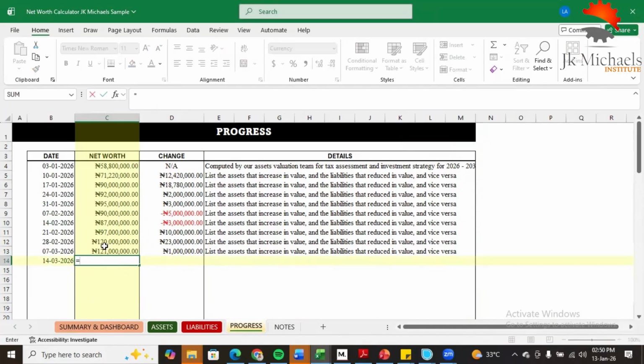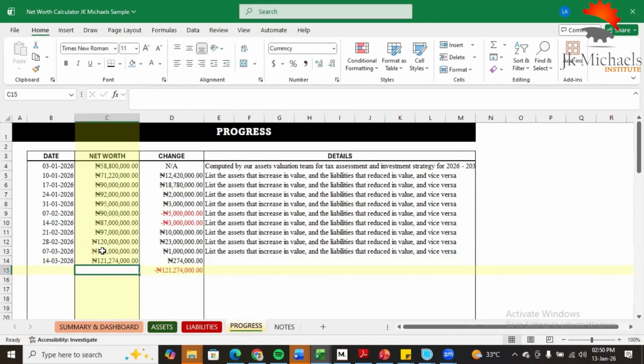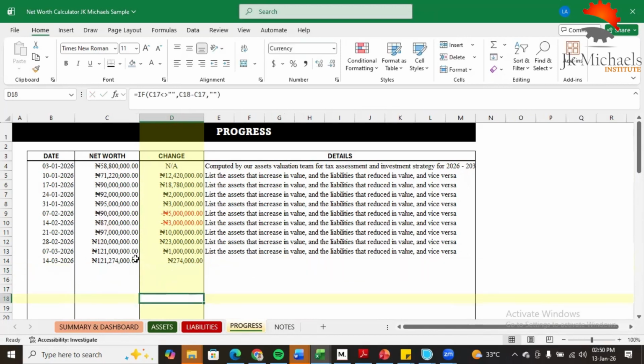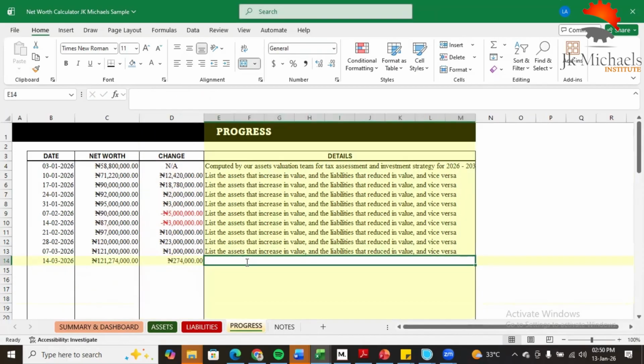So we take this figure and then we add 274,000, which is what we added to the net worth figure, right? And you can see that what we did is that we've added what our new net worth is, and this is what we added, 274,000.